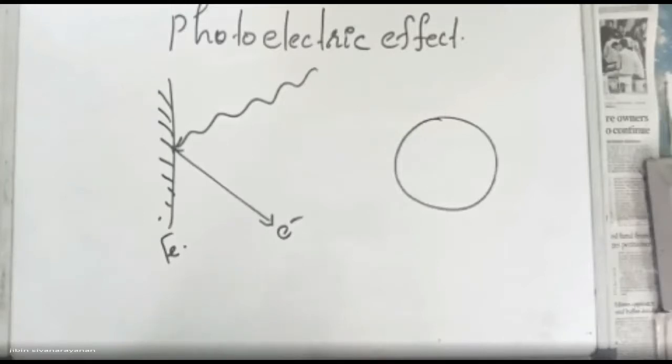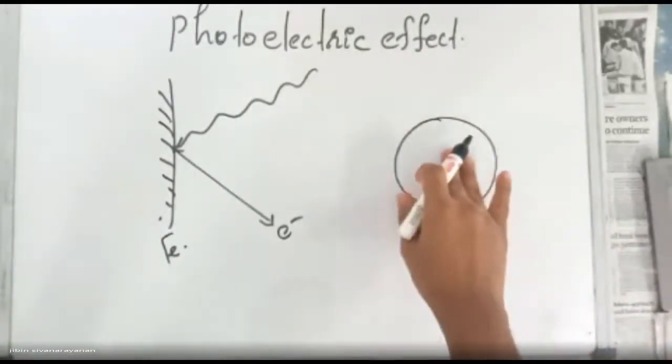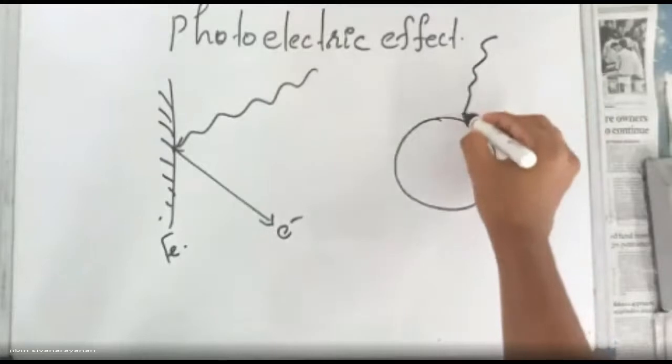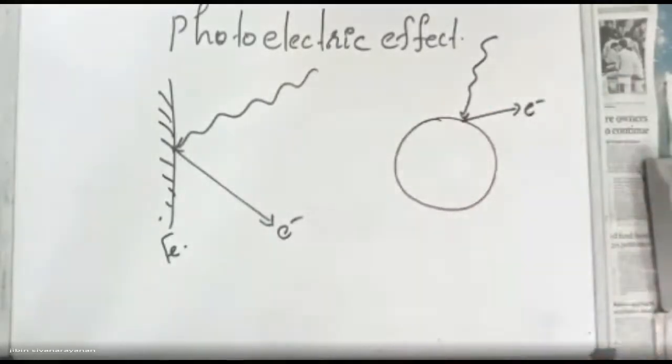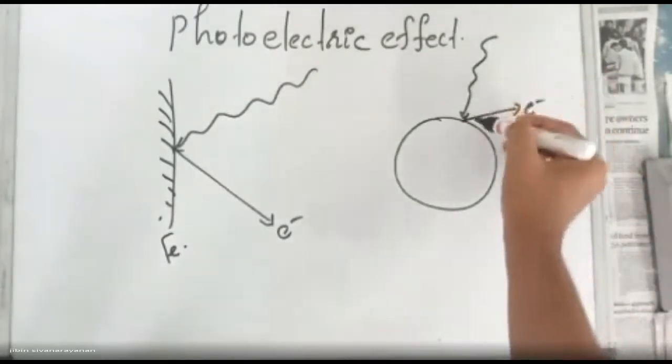What is the probability? Obviously from the outer orbit. So I'm just drawing only the outer orbit. Here the radiation is coming, so the electron has to be ejected from here.